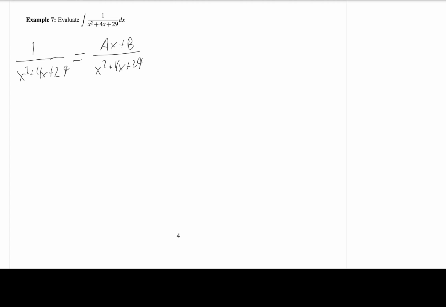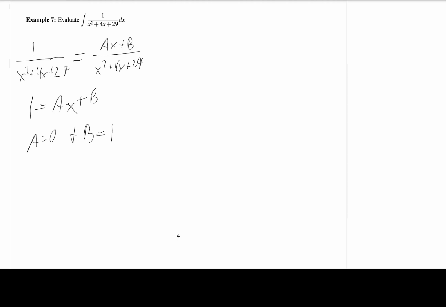Then we'd multiply by the denominator on both sides, so we'd get 1 equals ax plus b. So then a would have to be equal to 0, and b would have to be equal to 1. Plugging that back in, that's the exact same integral that we started with. So our partial fraction method does not apply here because it doesn't give us anything different than what we started with.